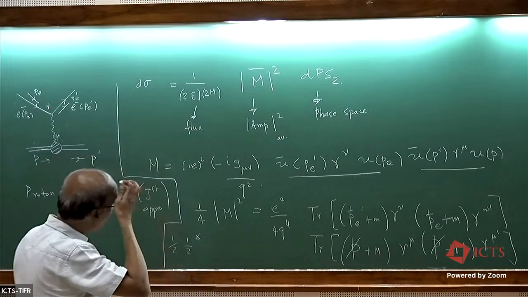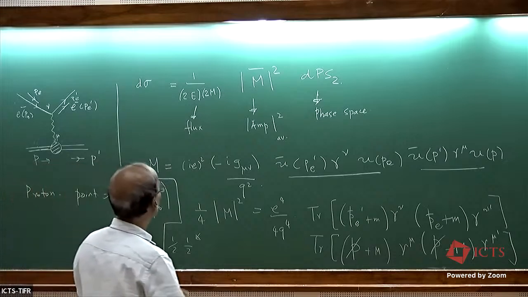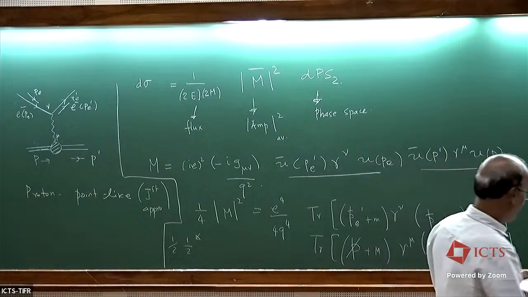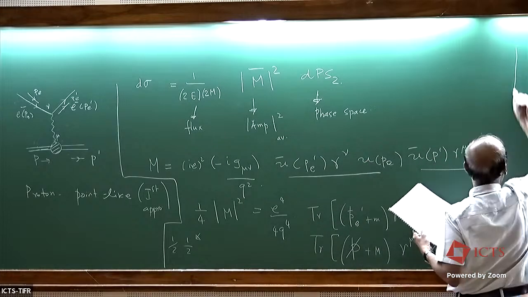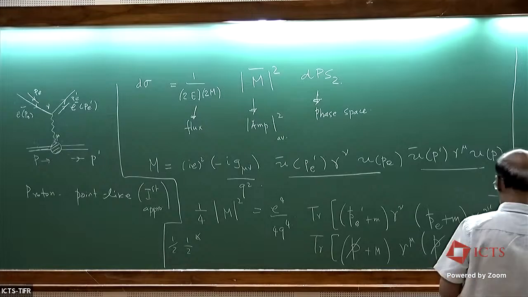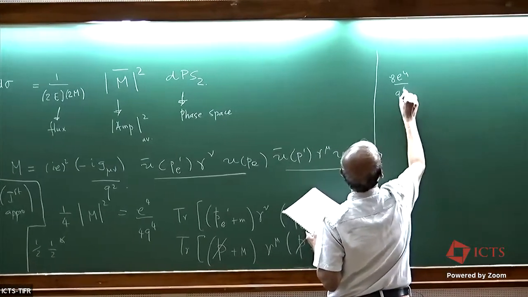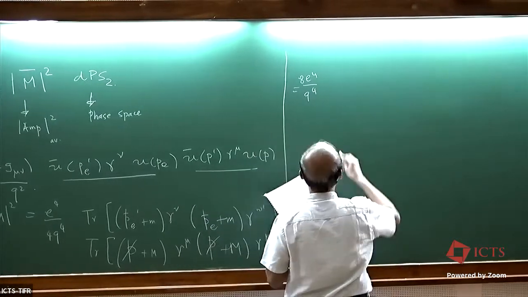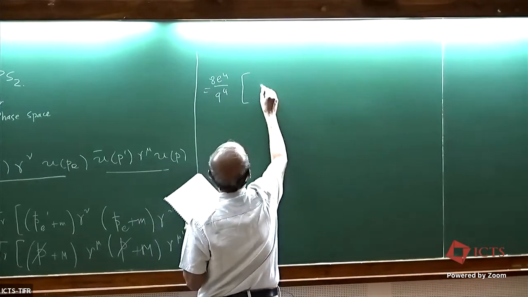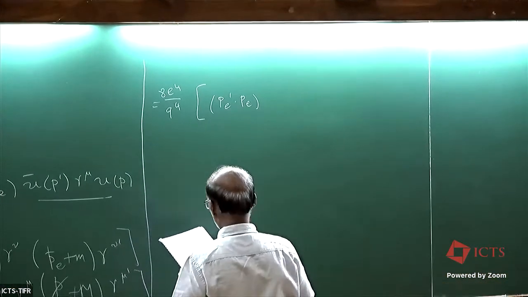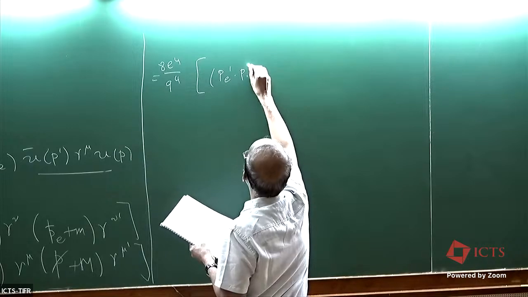Now, given this and the phase space, I should be able to calculate the cross section. The trace is easy to evaluate. You can find lots and lots of identities in the textbooks. This will be something like this. I'm writing it down explicitly for a simple reason. This is P prime.